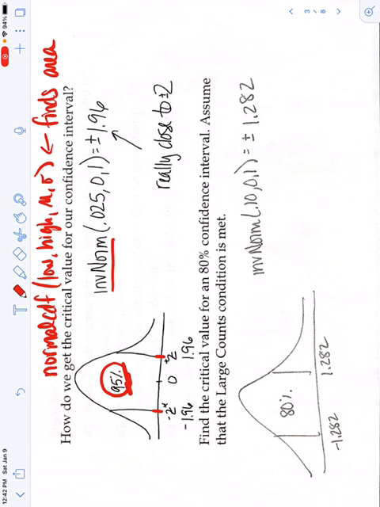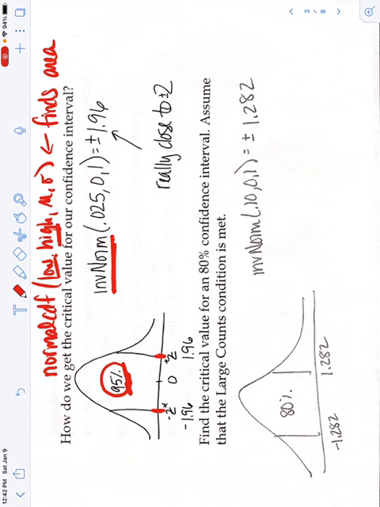Well, for this one, I know my area. So inverse norm is for when you know your area and you're trying to find the numbers that will chop off that much area. You're trying to find the low and the high.